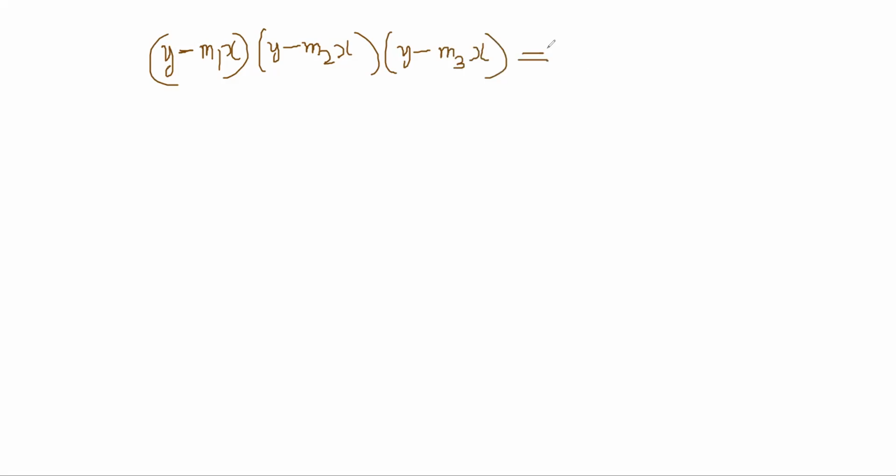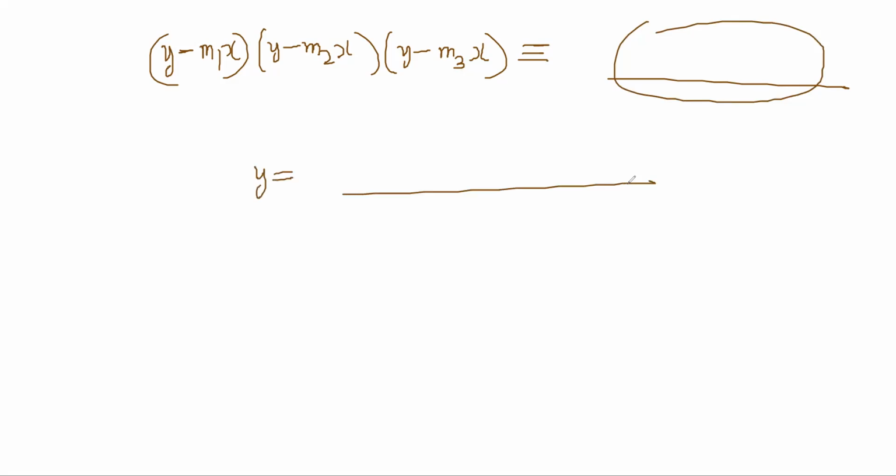Ultimately, you are saying that y minus m1x into y minus m2x into y minus m3x is equal to the equation that was given to me, right? So ultimately you're trying to factorize it or solve it for y. In general, you don't know a way to solve a cubic, right? But if you can guess some root, then maybe you can solve a quadratic instead.